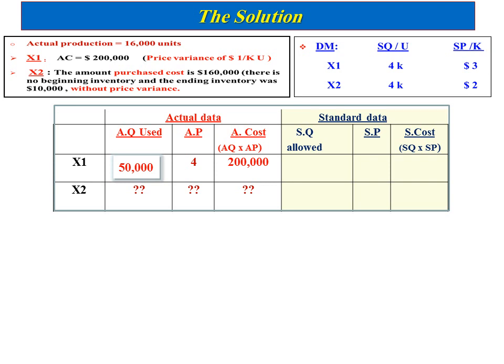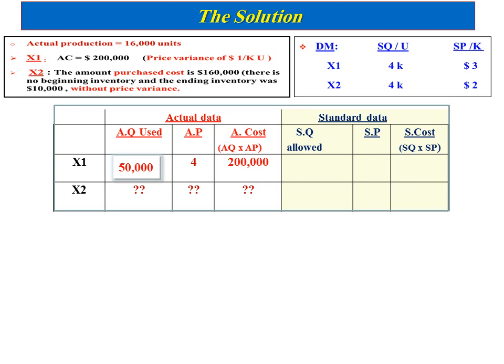Here for X2 my information is the amount purchased cost, which is 160,000. I don't need the purchased cost.